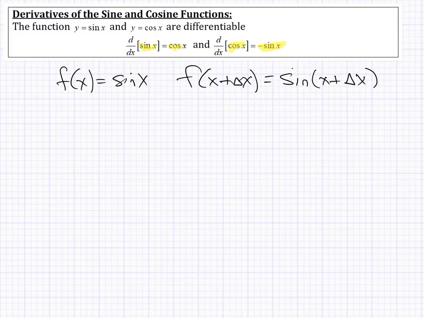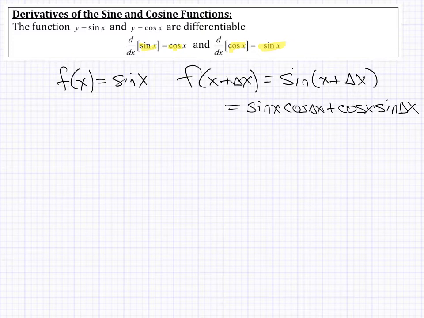And essentially what it says here is that this sine of x plus delta x will be equal to the sine of x times the cosine of delta x plus the cosine of x times the sine of delta x. And again, it's just a sum identity for the sine function.